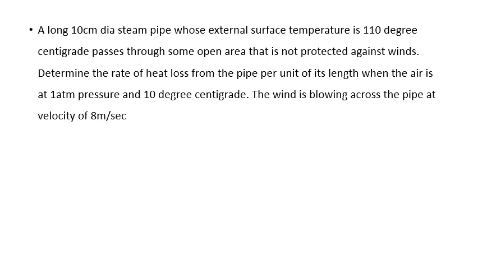The wind blowing across the pipe is at a velocity of 8 meter per second. The surface temperature is 110 degrees centigrade, the surrounding temperature is 10 degree centigrade, and the diameter is given as 10 centimeter.